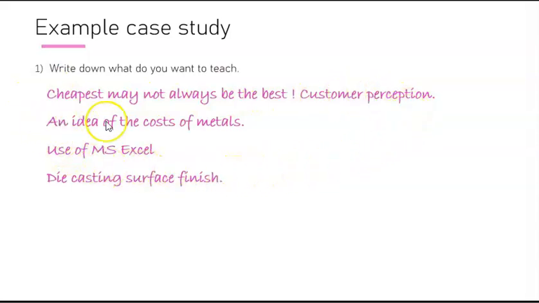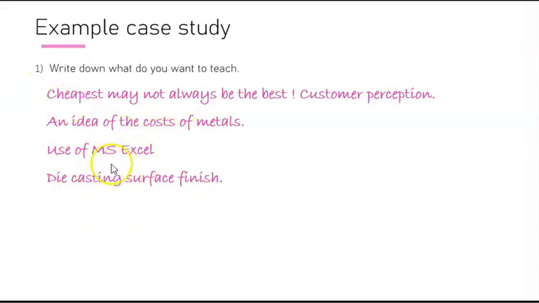And I want to let him know that when he is working in a die cast industry, he needs to know the costs of metals. What are the relative costs? Is aluminum very costly, or is iron very costly, or what else? Copper, bronze, and so on.